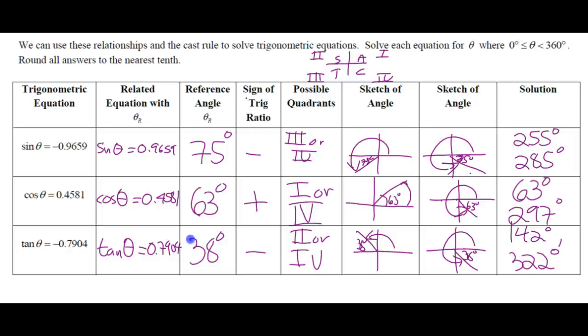We're good. So, procedure in solving, whether they are exact or not. If they're exact, then you just have to know, right? Whether they're exact or not, you take the trig equation, you rewrite it with a positive. You get the reference angle. You then look at the original and say, it's got this sign, so it's in these quadrants.